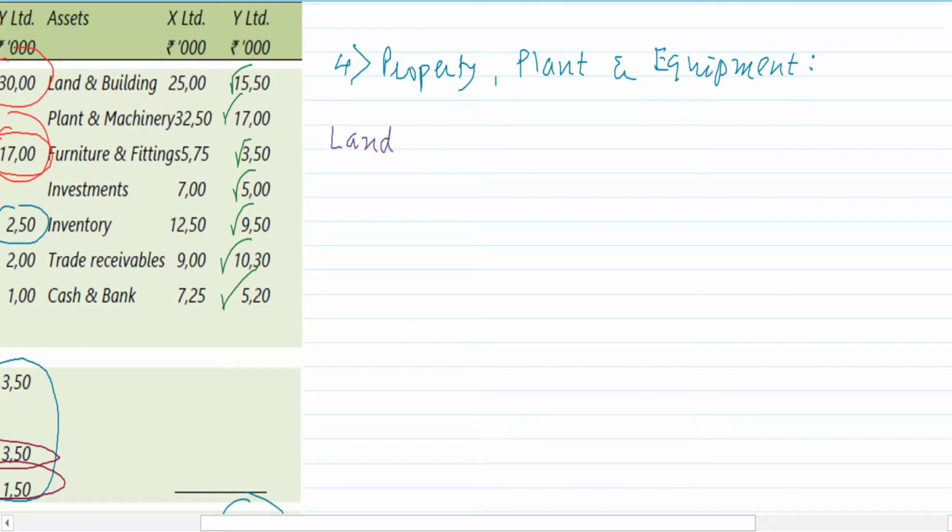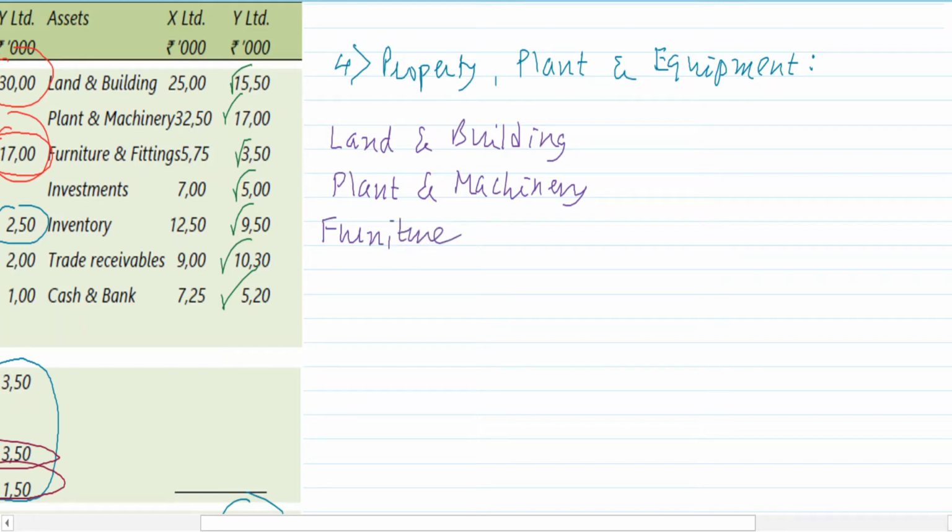I'll show here land and building, plant and machinery, furniture and fittings. We have to simply do line by line addition. Just keep on adding these figures. They have not given us any separate figures. So whether it is purchase or whether it is merger, it will all be the same.